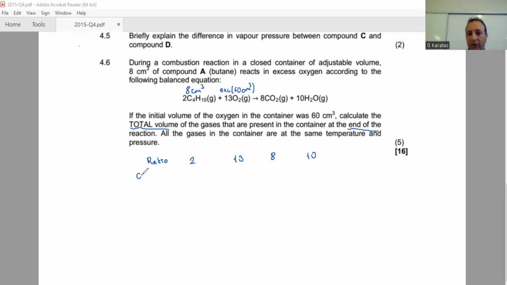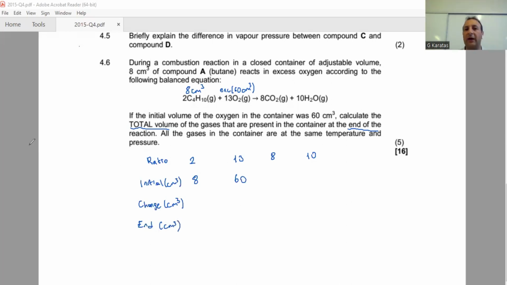And then what we do, we write the initial, not the mole number, but the volume in cm³. This one is 8, and O2 is provided as 60. Then we will go with the change in cm³, and after that, we will find the volume at the end of the reaction.